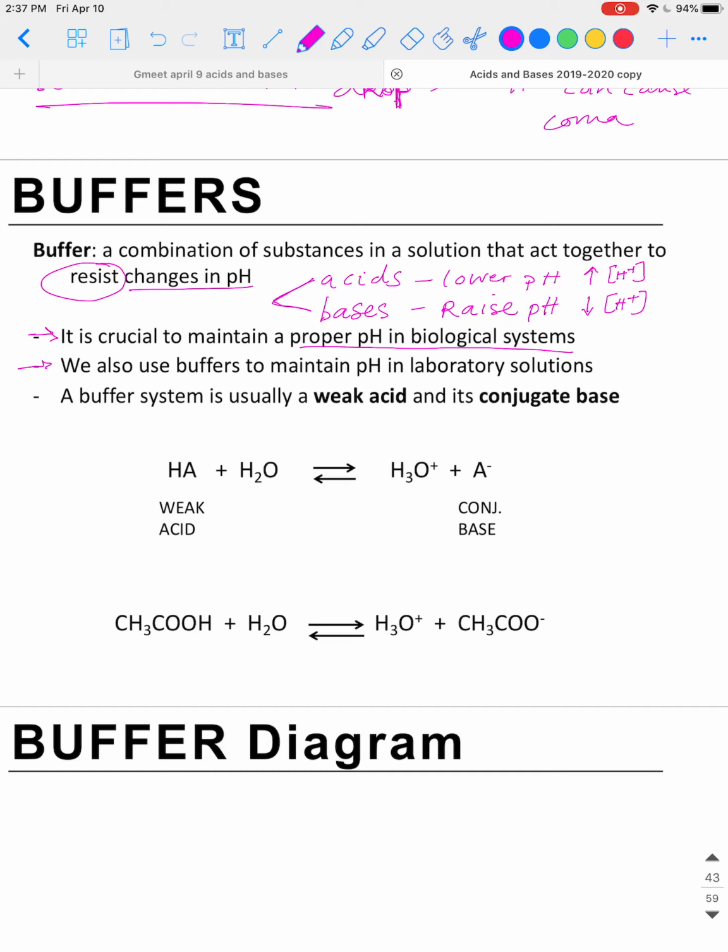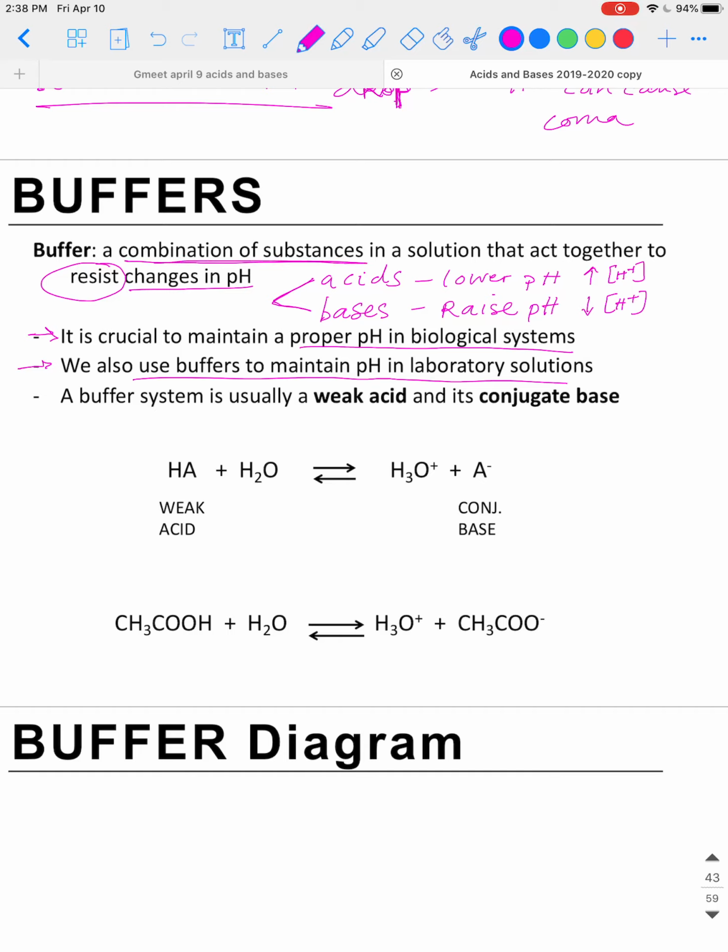If we're trying to model something going on in a rat, a mouse, a human, or any biological system, we need to work in solutions that contain the same pH. So we have to work with buffers. A lot of times we use buffers to maintain pH in laboratory solutions as we do research on biological systems. Those are two reasons this is really important.